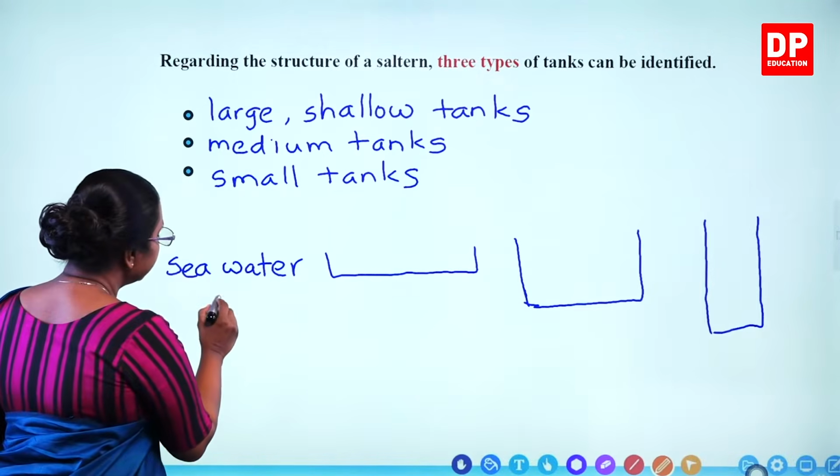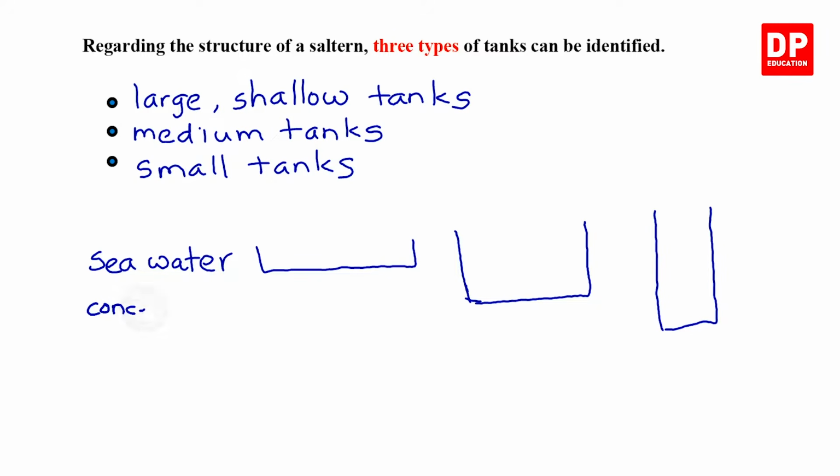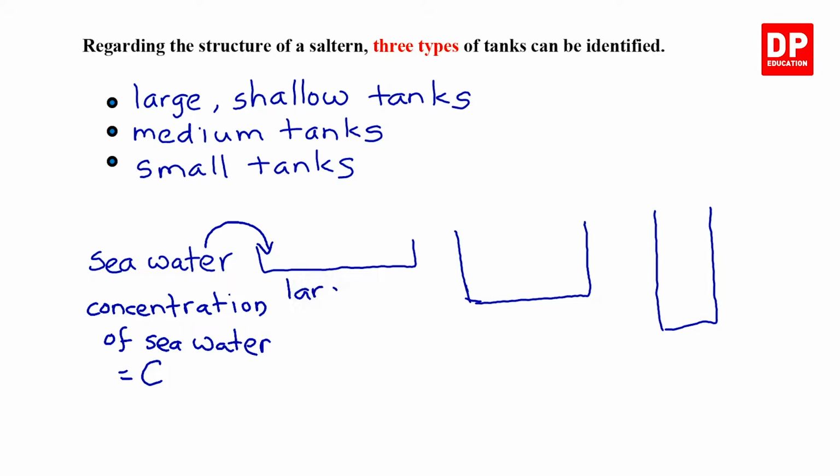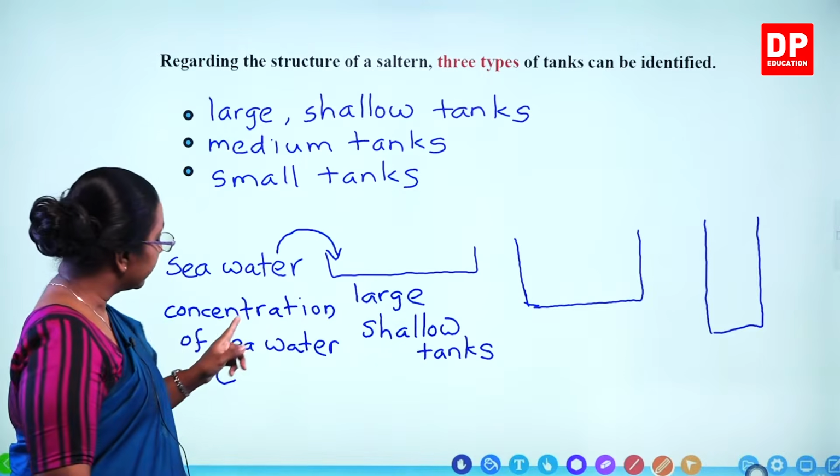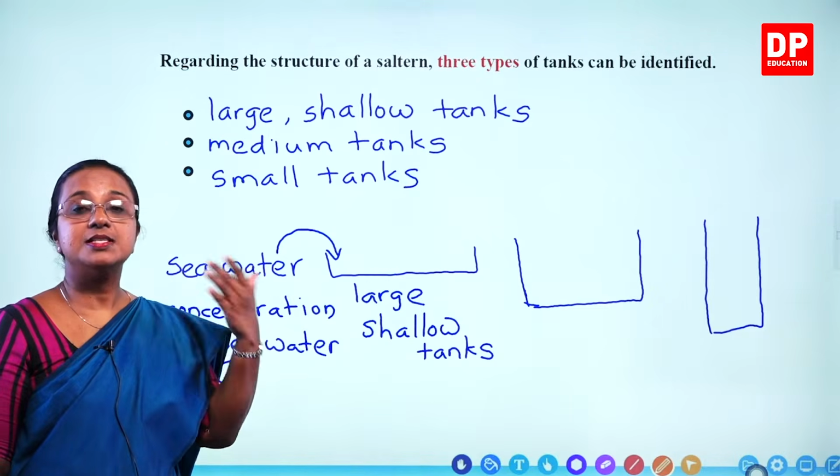If we consider the concentration of seawater, we'll take it as C. When we send the seawater into the large, shallow tank, the concentration becomes double.